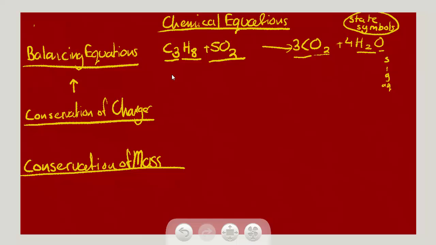So an example of this would be Cr2O7. I'll be writing in the charges later. Fe14H. And the product is 2Cr plus 7H2O plus Fe3. Okay.